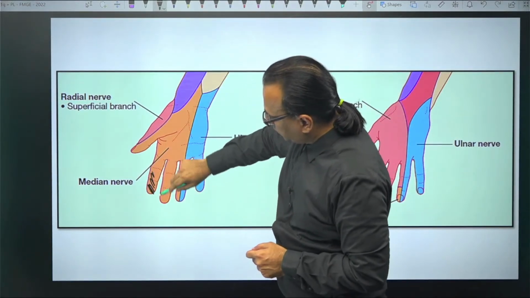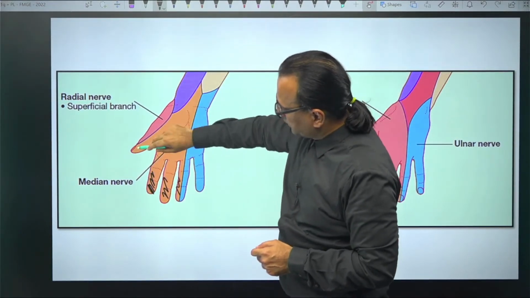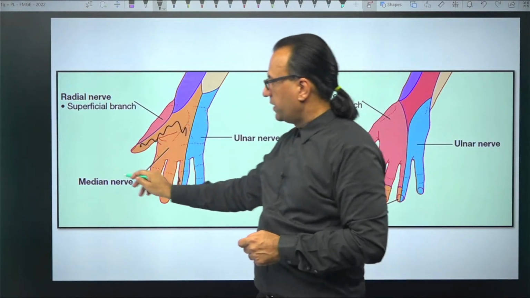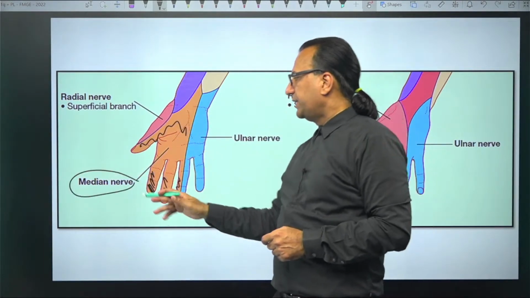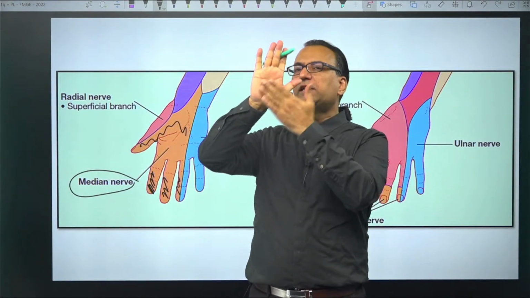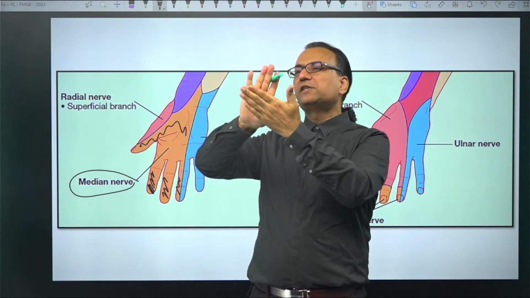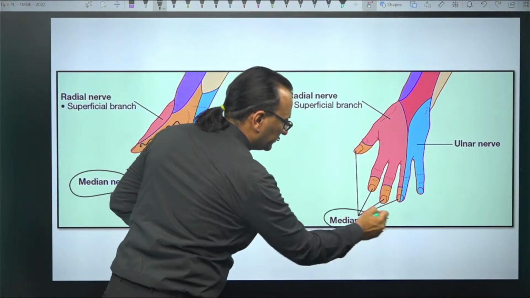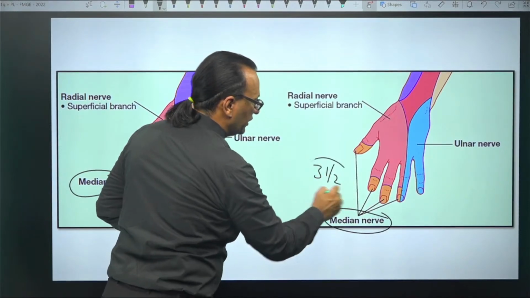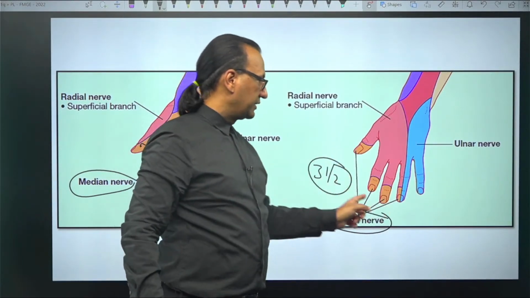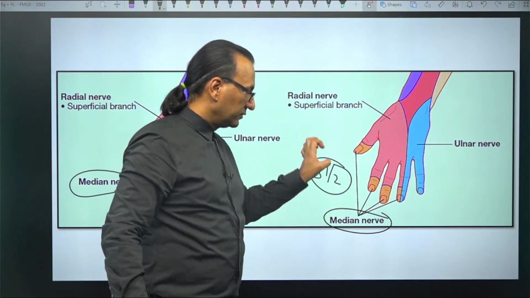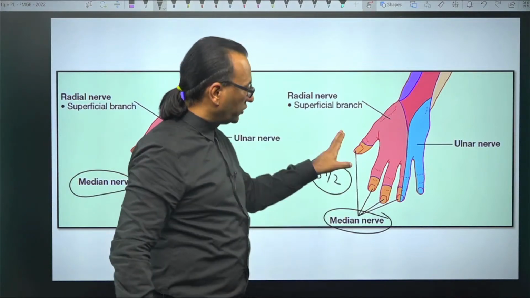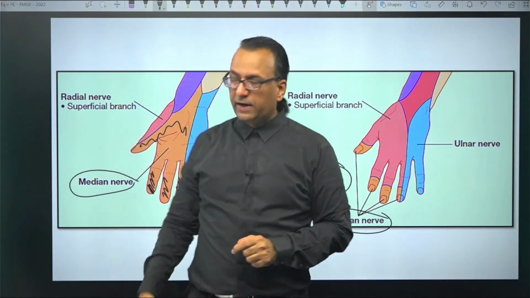Anterior 3.5 fingers will be supplied by the median nerve. And median nerve is not only anterior 3.5 fingers, it is also going posterior to supply nail beds of 3.5 fingers, meaning the distal phalanx on the dorsal side is also median nerve.